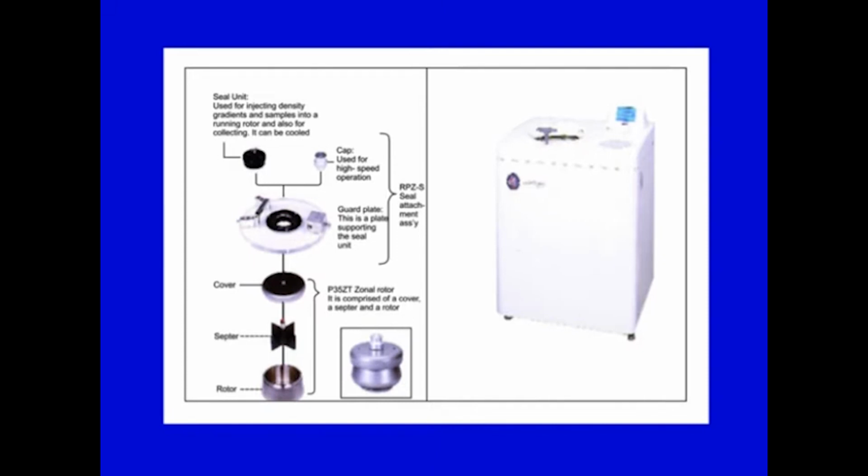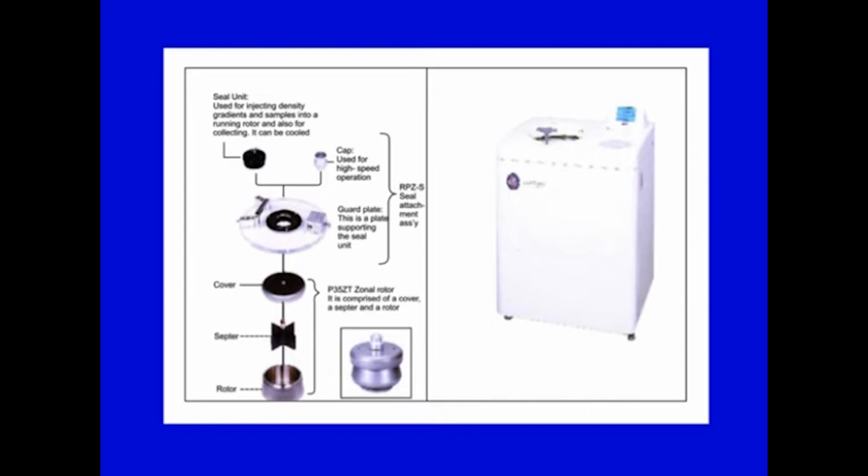Then there is a cap used for high speed operation, and a guard plate, which is the plate supporting the seal unit, and this cover. The rotor, as I said, could be cylindrical or bowl shaped.